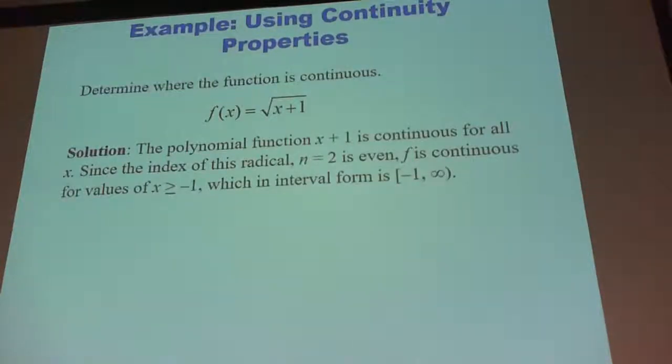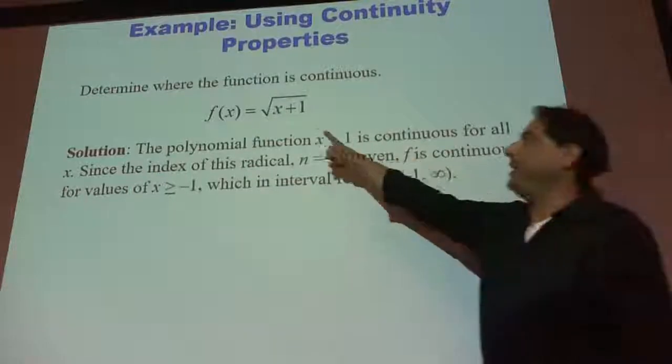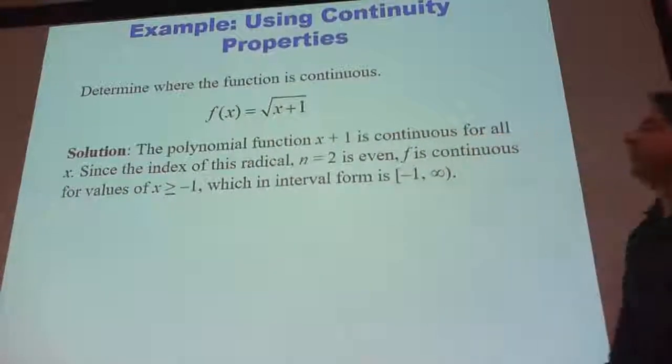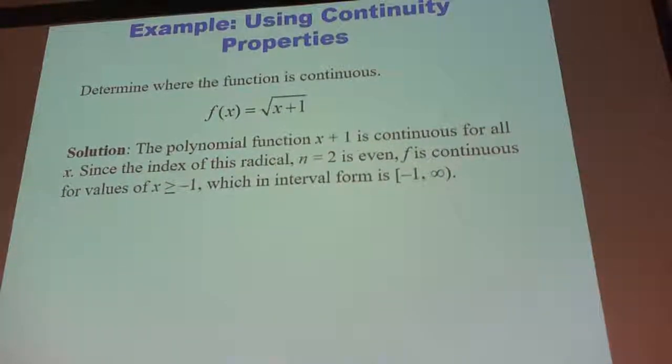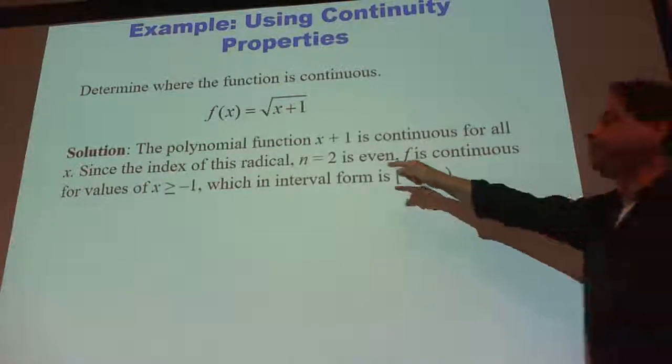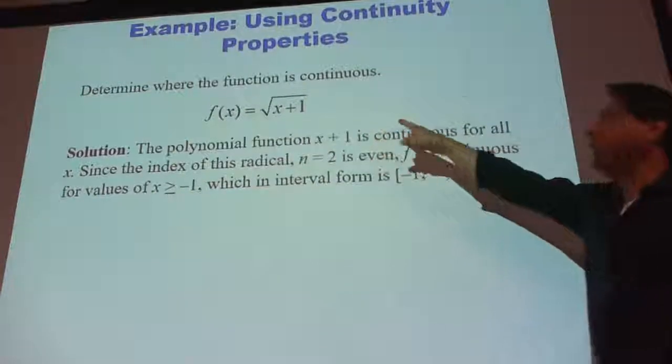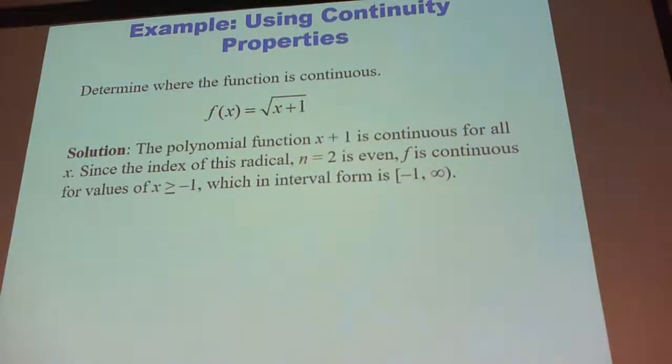Again, this one is a square root, so we have to be careful. The polynomial function x plus 1 is continuous, but since the root is even, it's continuous for values greater than or equal to -1. For example, -1 is okay, and anything greater than -1.